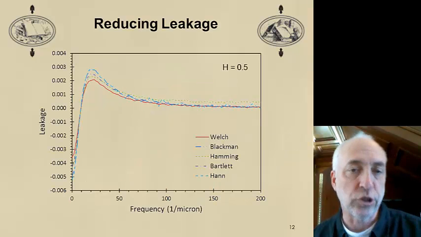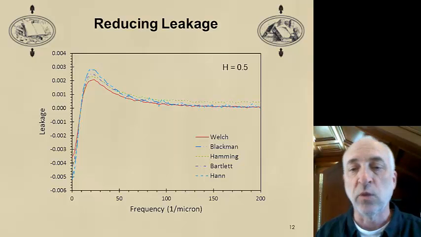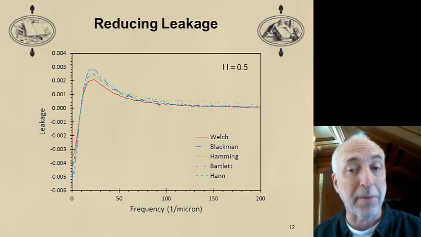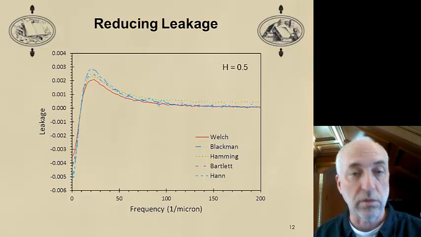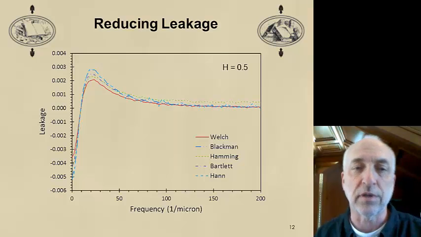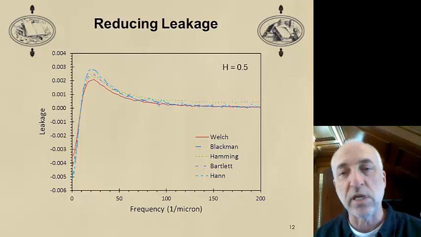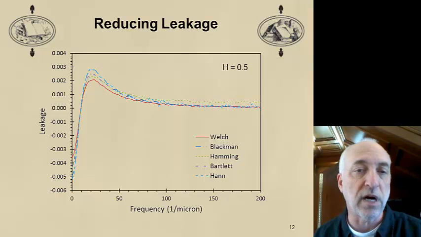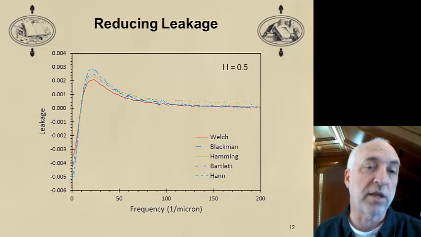There are lots of different shapes of these windows. I mentioned the Bartlett window, which is triangular. The Welch window is a parabolic weighting, and then many of these others, Blackman, Hann, Hamming, are sinusoidal in shape. They're all symmetric about the middle, and they produce slightly different results. Here I compare a number of different windows for the case of h equal to 0.5, and I observe that the Welch window produces the smallest amount of leakage.